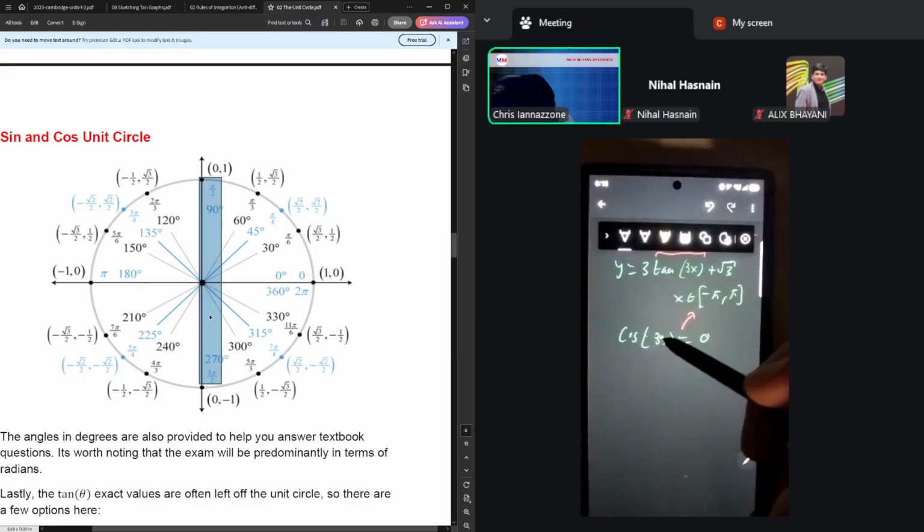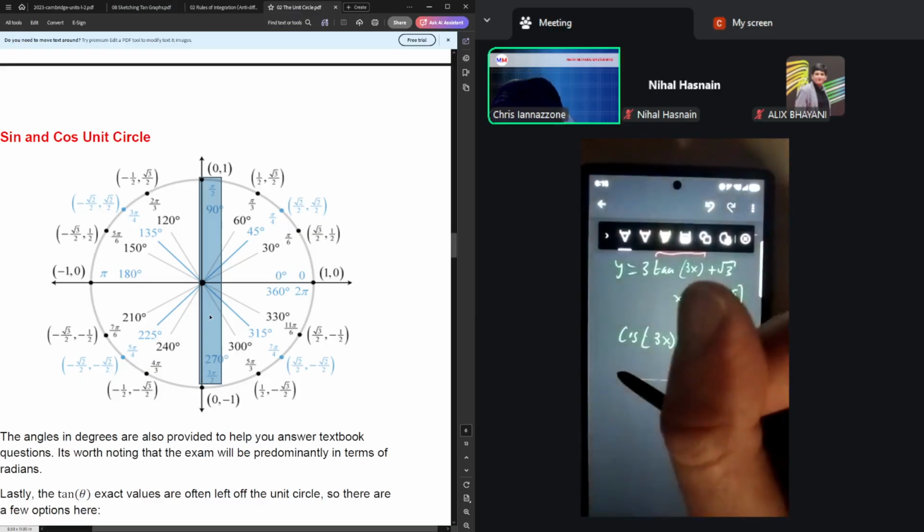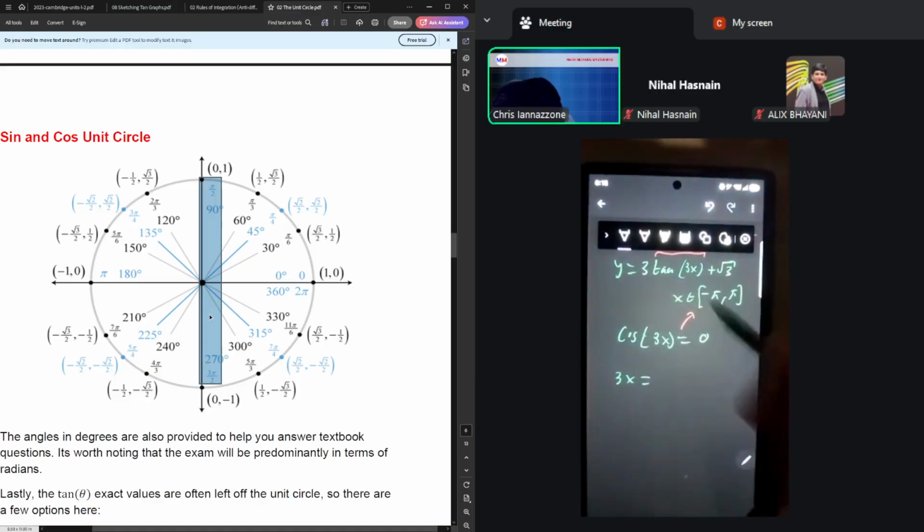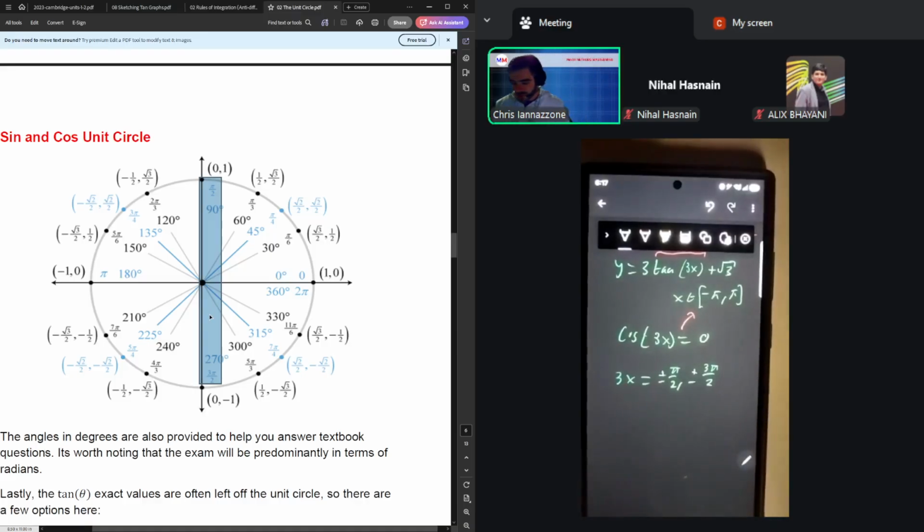If we go back to the handwritten bit, you take whatever's on the inside of the cos, which in this case is 3x, and you make it equal to those solutions: plus minus pi on 2, plus minus 3 pi on 2. You don't really have to have the plus minuses just now. I'm just saving time there because that gives you more solutions ahead of time.